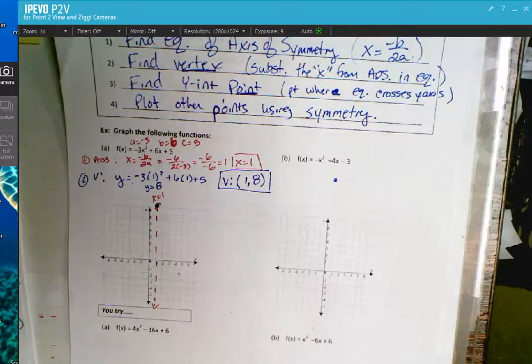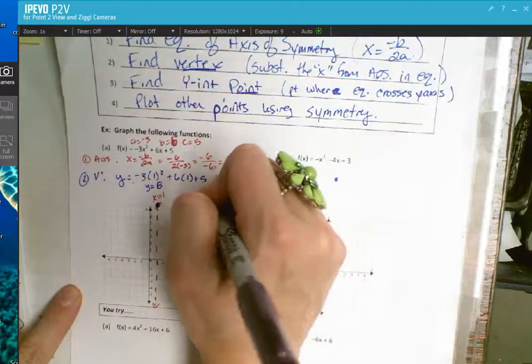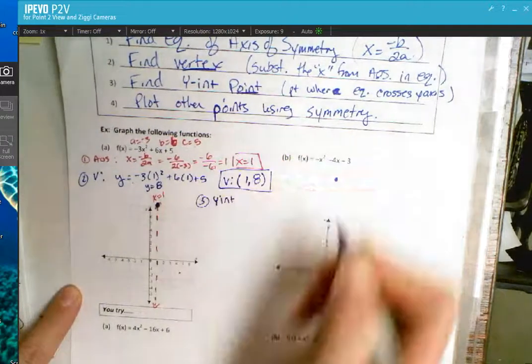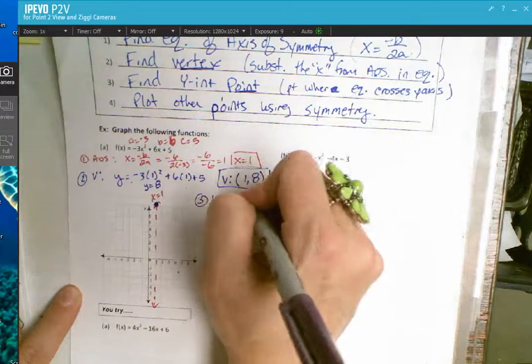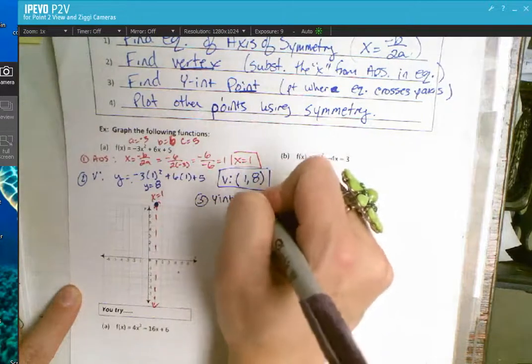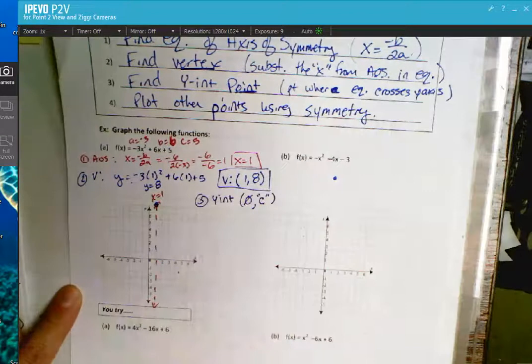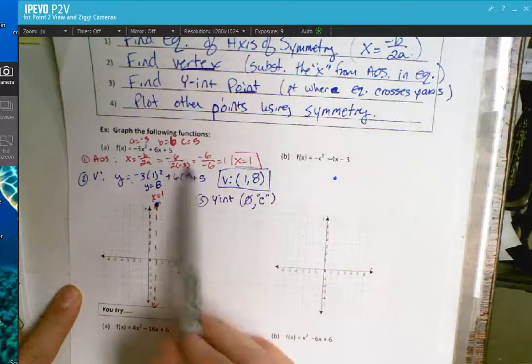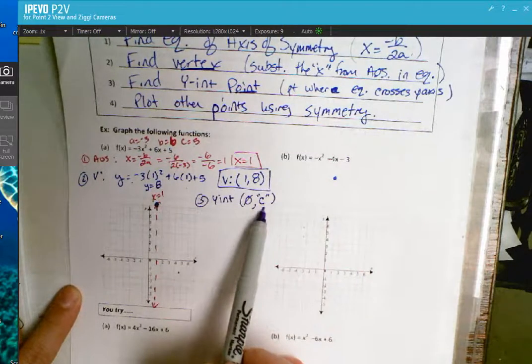Next step says find the y-intercept. So I'm going to document the next step by finding the y-intercept. The y-intercept is 0, comma, c, because remember, in our equation, the c term is where it crosses the y-axis.